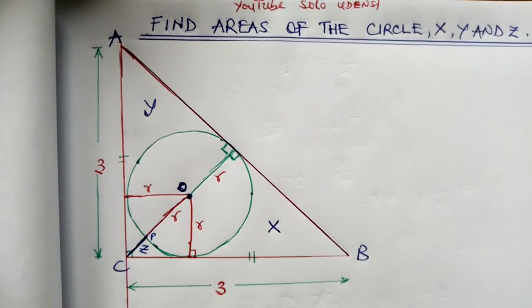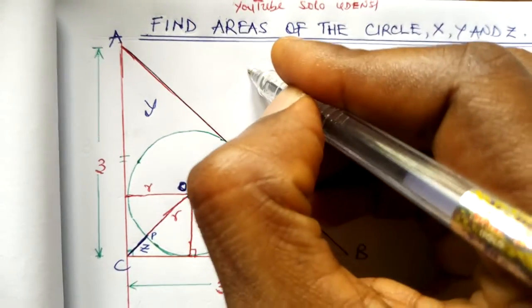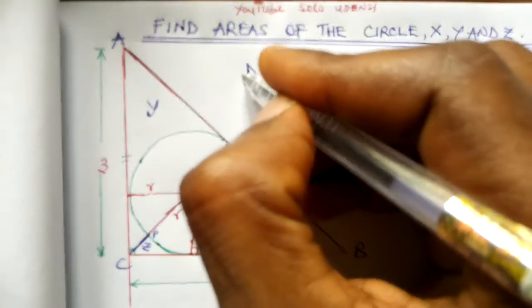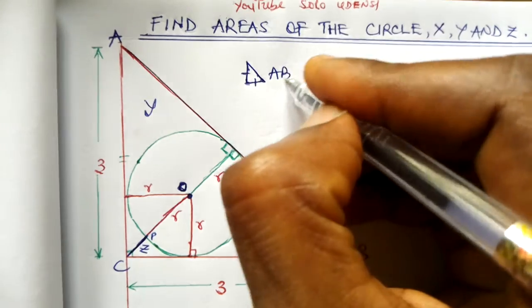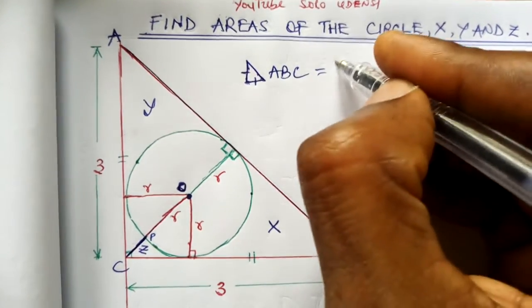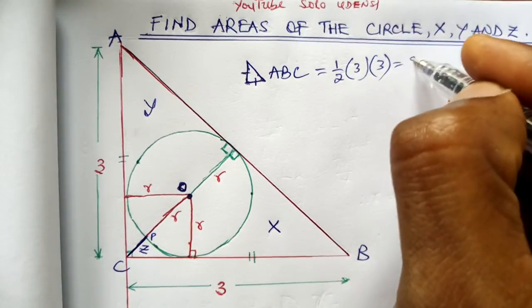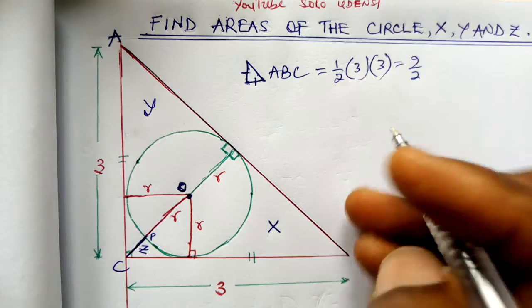So let's now start. So from this configuration, area of the right angle isosceles triangle ABC is equal to half base times height, and that is 9/2. That is the area of this stuff.